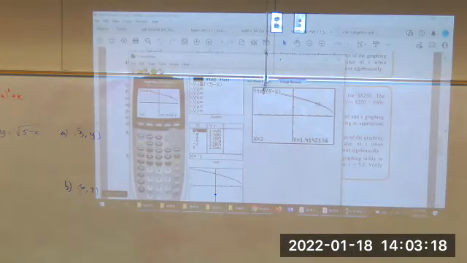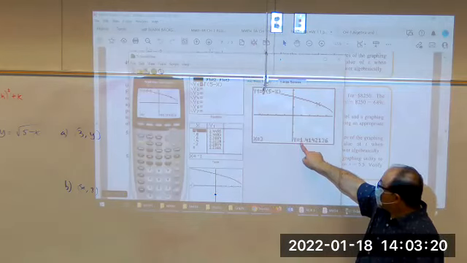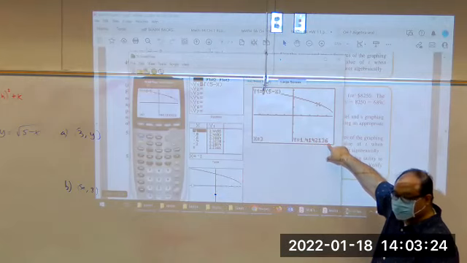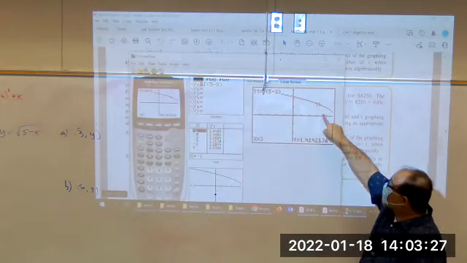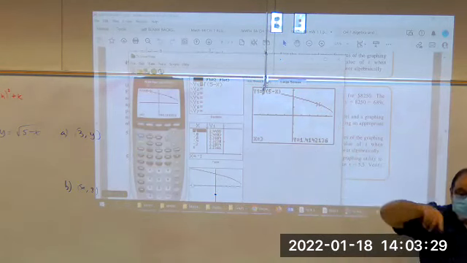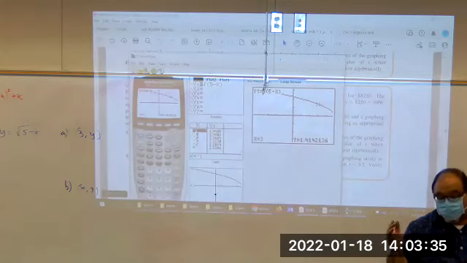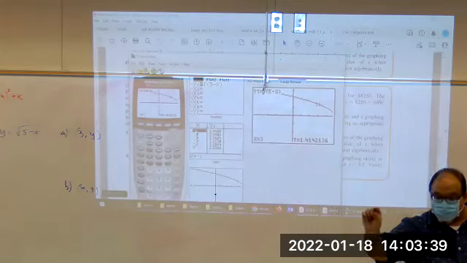And when x equals 3, the y value is 1.4142136. So it gives me the exact value, and I won't have to use the trace feature to do it. Because sometimes when you're in the trace feature, if your window is not set up nicely, you will never be able to get that little cursor to land exactly on the 3.